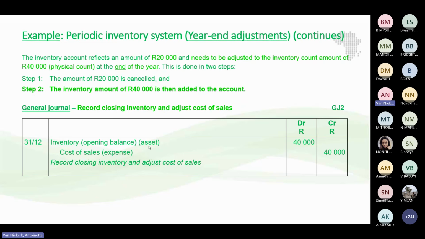So now inventory will have a 40,000 Rand balance, and cost of sales will also have a credit amount of 40,000 Rand. So we are recording closing inventory and adjusting cost of sales.